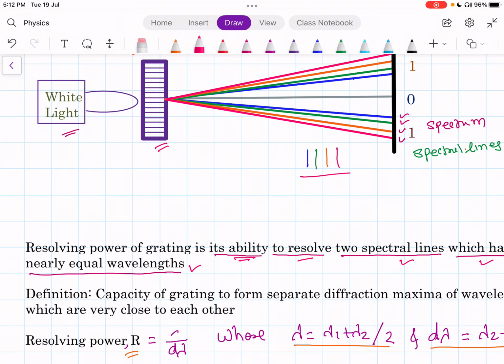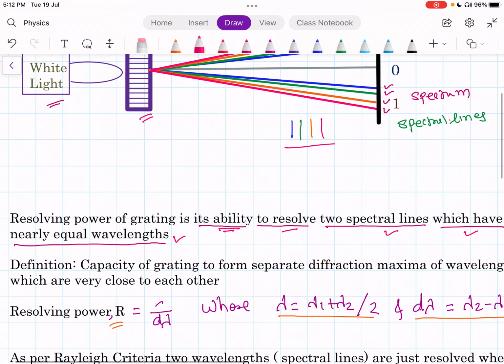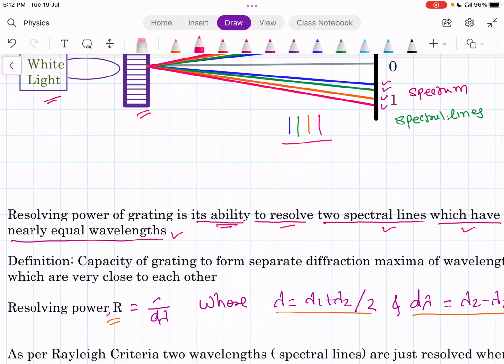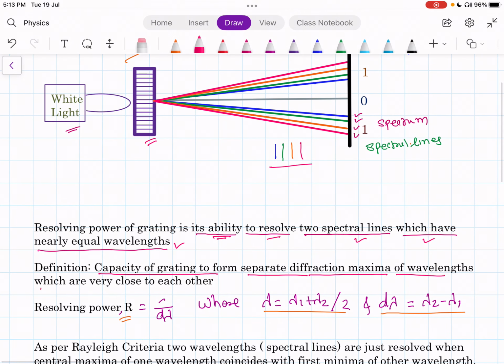Then what is the definition of this resolving power of grating? The definition is the capacity of the grating to form separate diffraction maxima of wavelengths which are very close to each other. Each color forms a diffraction maxima and minima.